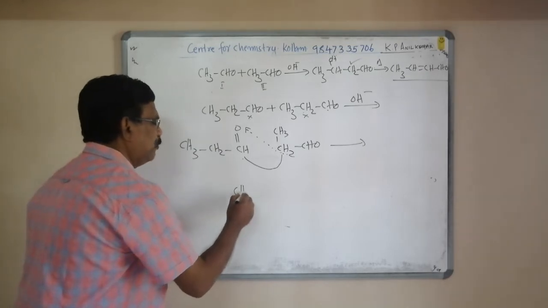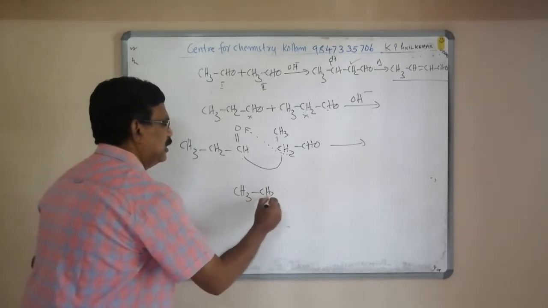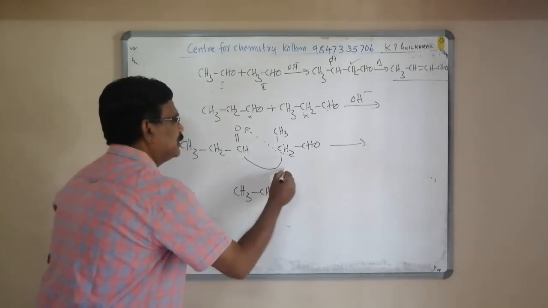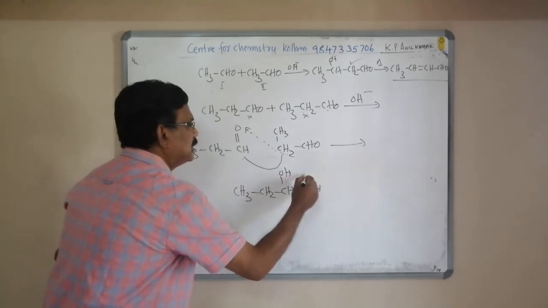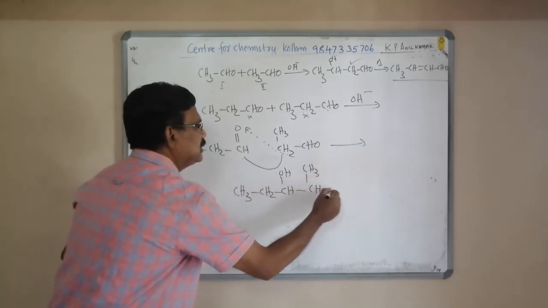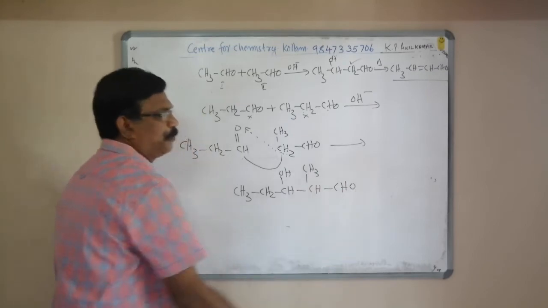So what is the aldol produced? CH3CH2CHOH-CH(CH3)CHO, and this is the aldol produced.